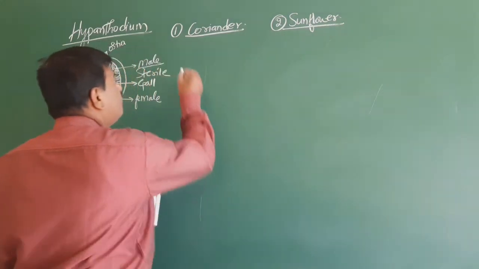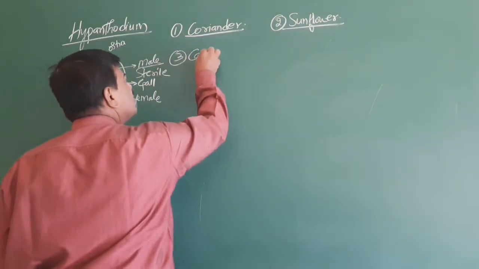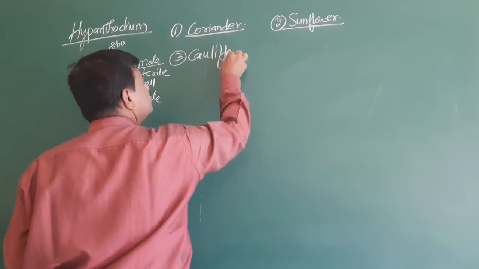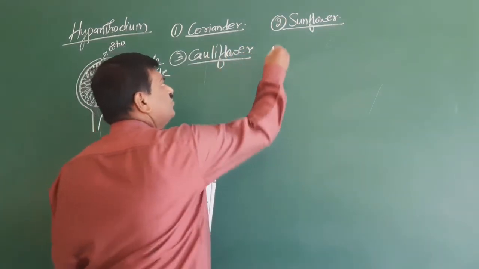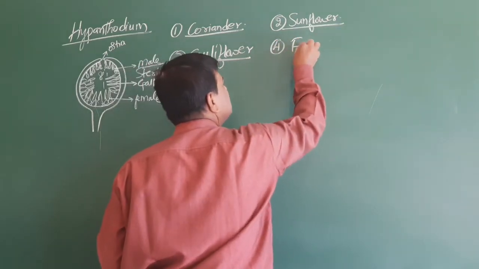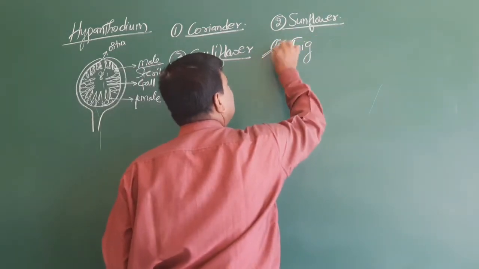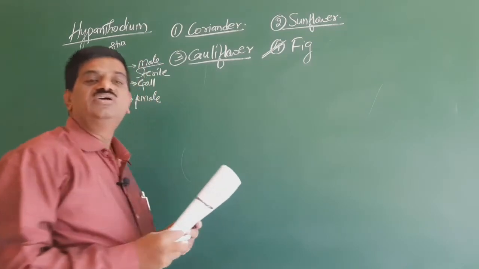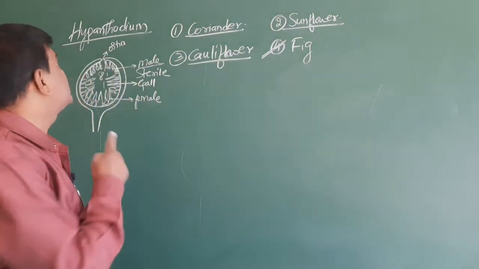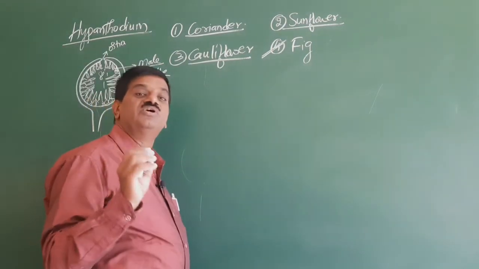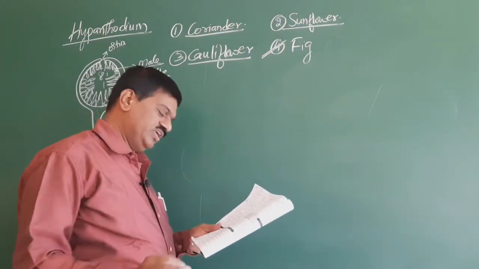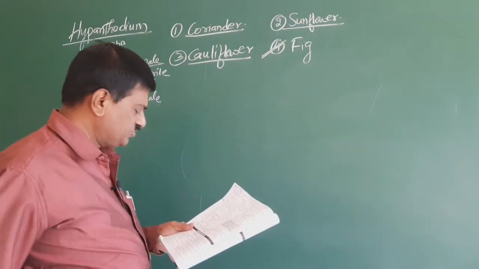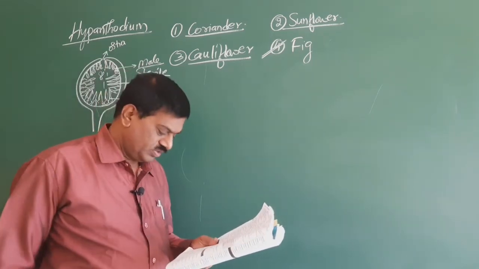Next, the third one is cauliflower. Cauliflower is also not the answer, and the fourth one is fig. In fig, Ficus, we see there is a presence of hypanthodium, Ficus bengalensis. So the right answer is fig. We go for the next question, 39.